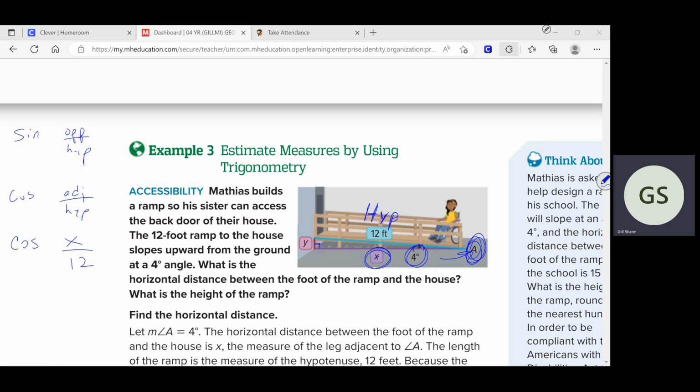That's the proportion. Those are the sides that I'm using. But what else do we know about the cosine of angle A? Lena, what else do we know about the cosine of angle A? What other information do we have about angle A?